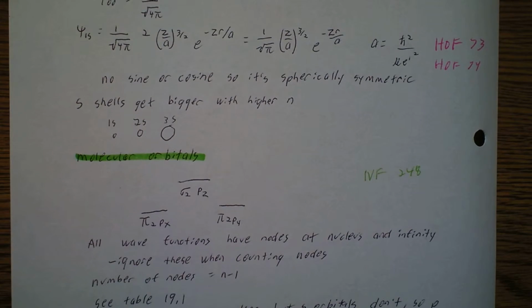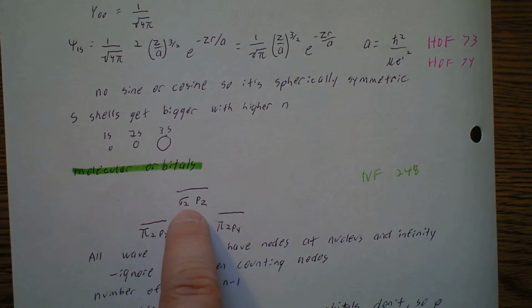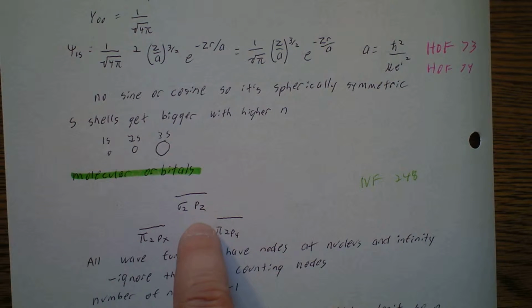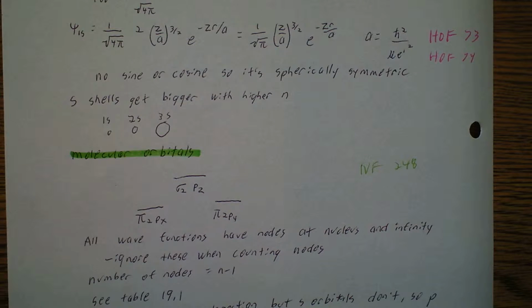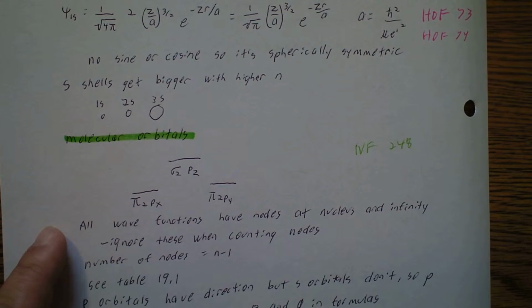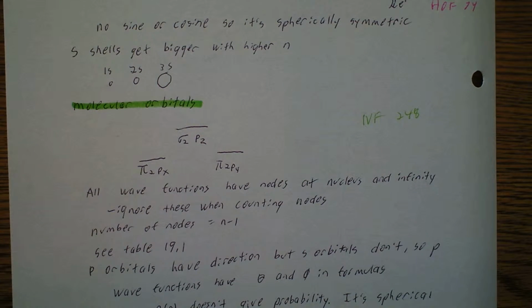Now let's talk about molecular orbitals. Here we have 2pz, 2px, and 2py, along x, y, z. All wave functions have nodes at the nucleus and at infinity, but we're going to ignore these when we're counting nodes. The number of nodes in practice is n minus 1.